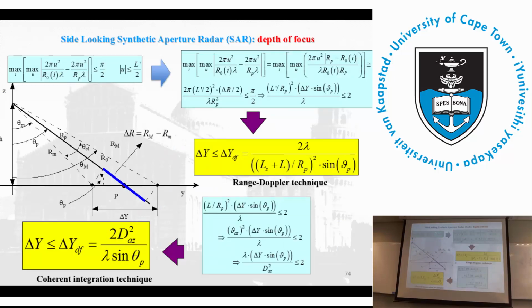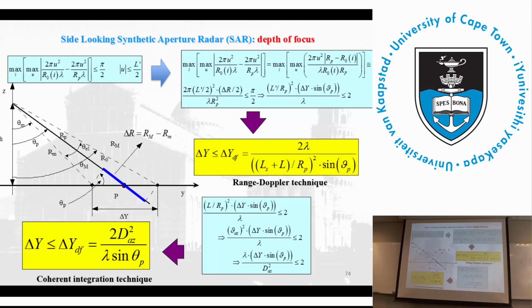So if I rewrite this and I put the maximum value of u, which is here L, and the maximum value for i as delta R divided by 2, so that delta R sits across this point P, the delta R divided by 2 represents the maximum distance, either way.